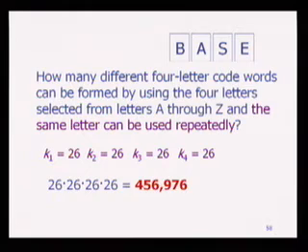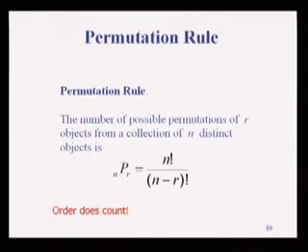Now there is a formula called the permutation formula. This is in case all these letters are different. You have n different letters and you want to choose r of them and form a code word. How many different ways can you do that, or how many possible permutations?